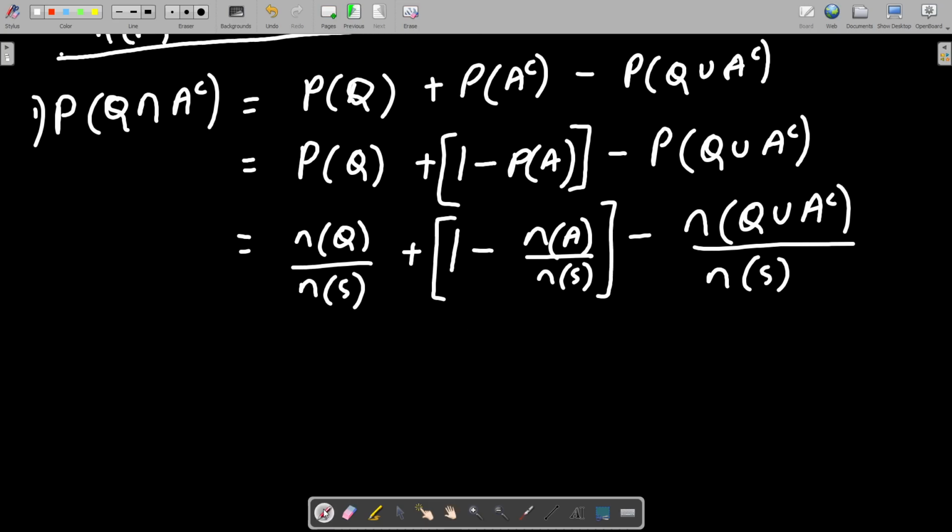The first two numbers are known to us. I think the number of smokers is 210, right?